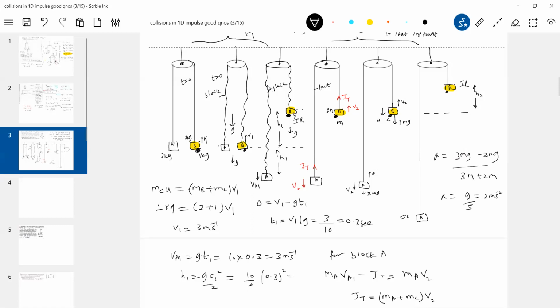So can we calculate the time taken? 0 equal to V2 minus AT2. From this, we'll get T2. What is the total time taken? That is T1 plus T2. Then can we calculate H2? Again the same formula, 0 minus V2 square equals 2 into minus A H2. So H1 plus H2, and we'll get T1 plus T2.